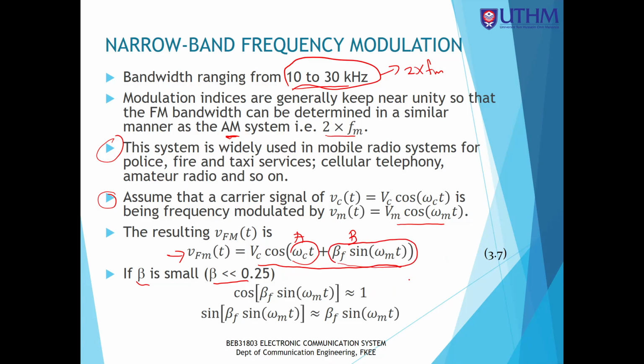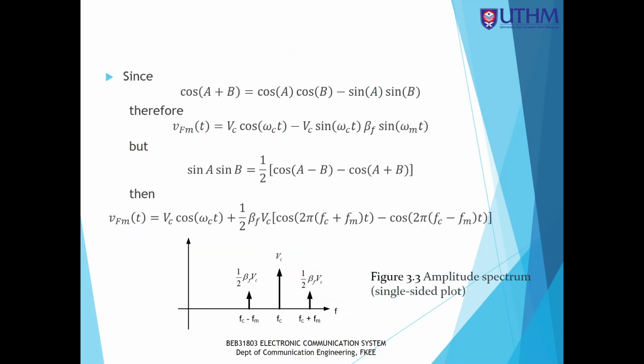So this is like Vc cos(A plus B), and according to trigonometric identity, we can elaborate this equation. I'm going to show you about this approximation later. So from the general equation of FM, we can elaborate the equation to become like this.